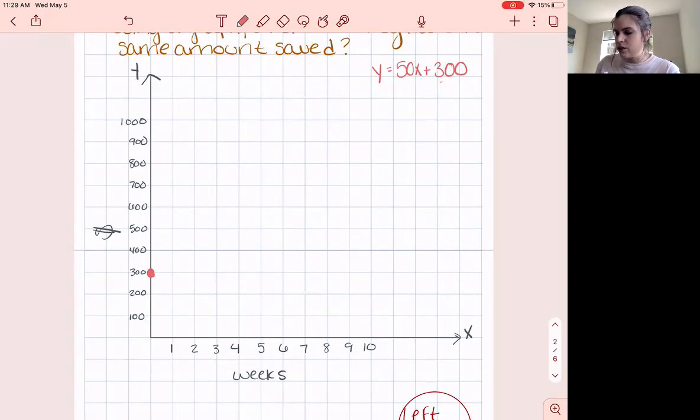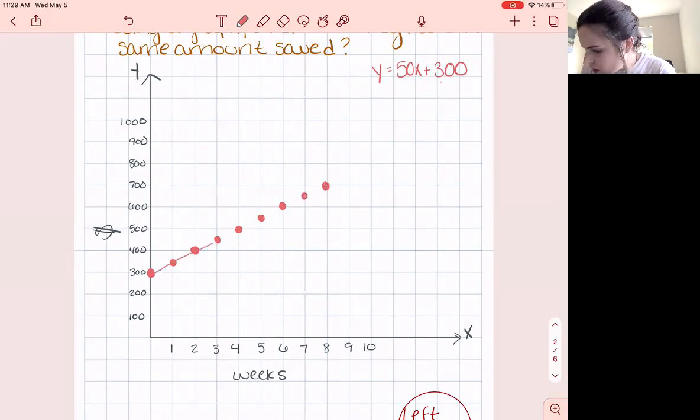Okay, and then Dakota's rule says that every week she's going to add $50. So that's, if I scaled by hundreds, that's going to go by halves. So I can go here. It's going to look something like this. Every week, 50 more dollars. Normally I don't make you draw this many dots, but this one's pretty easy.